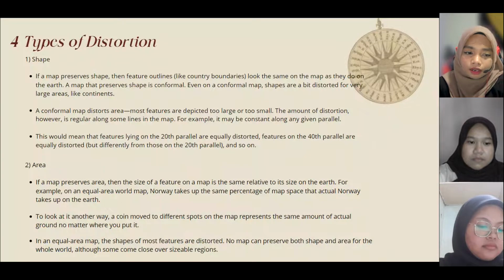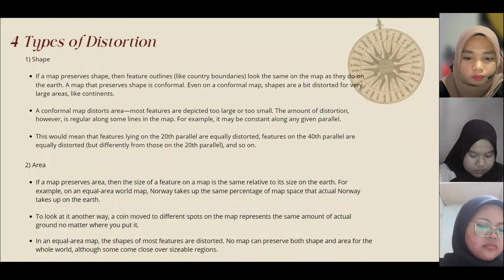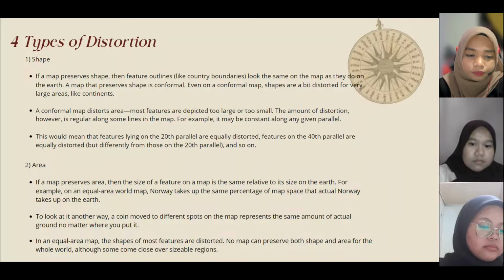Two, area. If a map preserves area, then the size of a feature on the map is the same relative to its size on the Earth. For example, on an equal area world map, Norway takes up the same percentage of map space that actual Norway takes up on the Earth.